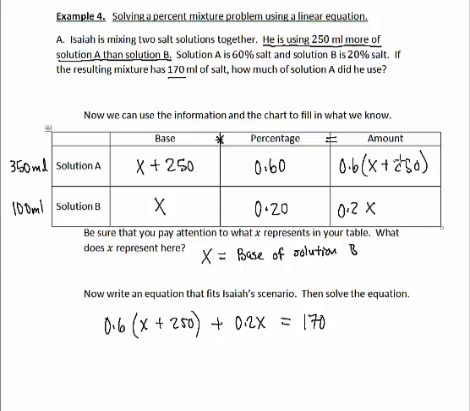So this expression here, 0.6 times x plus 250, equals the amount of salt in solution A. 0.2 times x represents the amount of salt in solution B. Okay, amount is a specific ingredient. In this case, it's the salt. We add the salt of A plus the salt of B, and we get a total of 170 milliliters of salt.